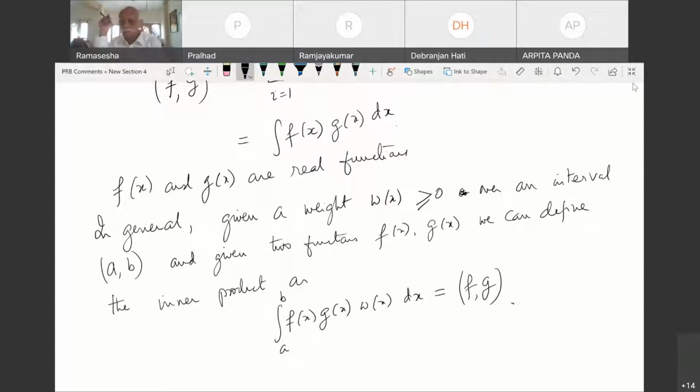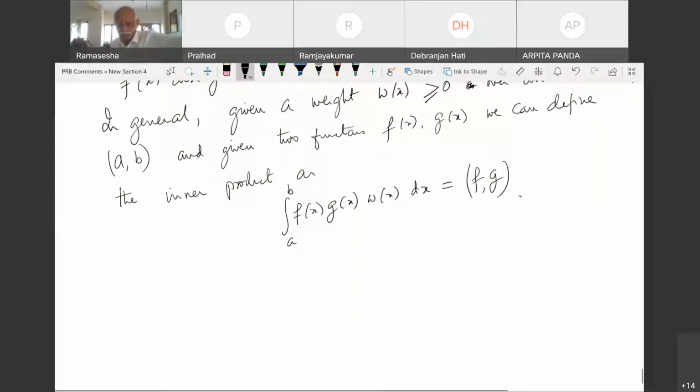Okay, but if you have basis functions, or basis vectors, which are non-orthogonal, then w(x) turns out to be just the overlap matrix, or what you can call the Gram matrix. Okay, that's how we can actually define the inner product.